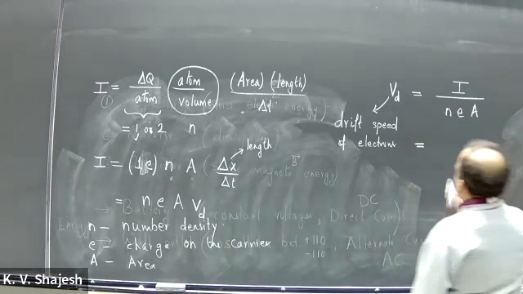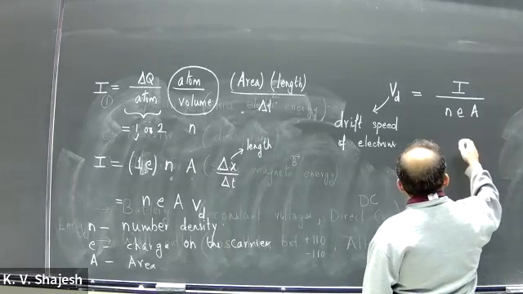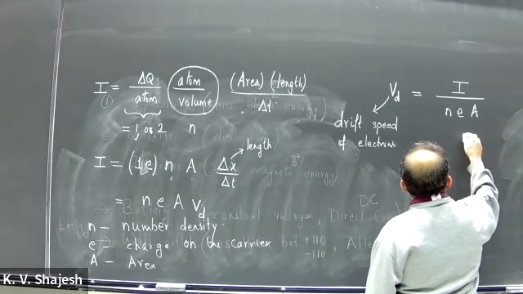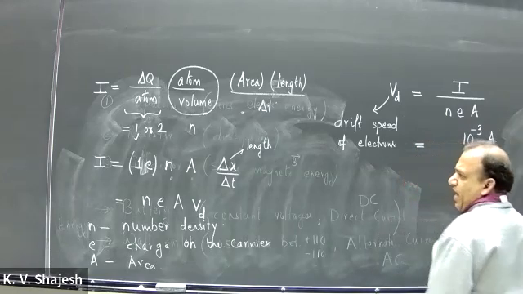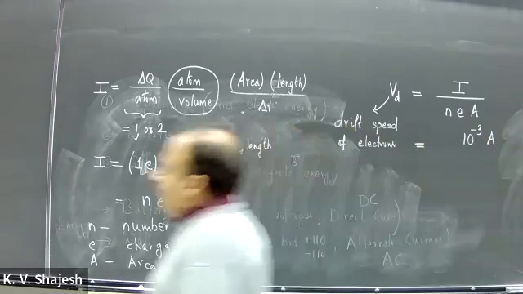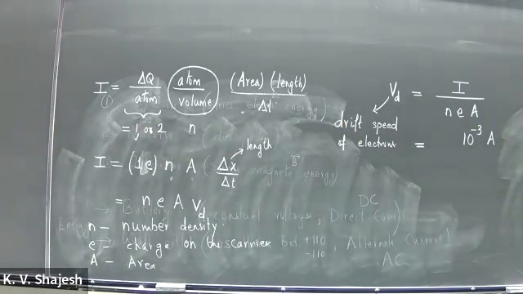A typical current, so this is an order of magnitude calculation. So let's say 10 raised to minus 3, that's our milliamps. And oh, I should have pointed out, when I introduced the term current, that is I. The dimension for I is charge per unit time, so this is coulomb per second, that's the SI unit.